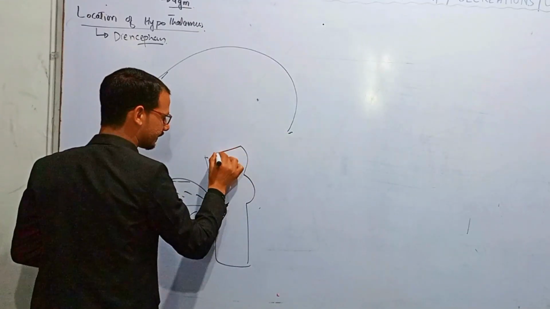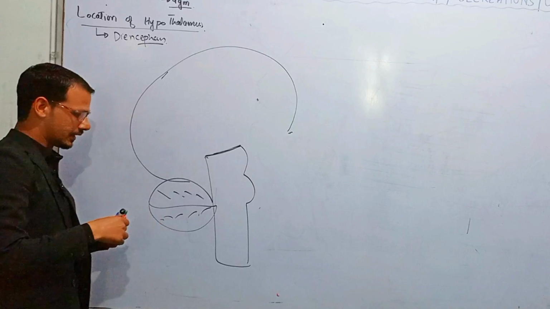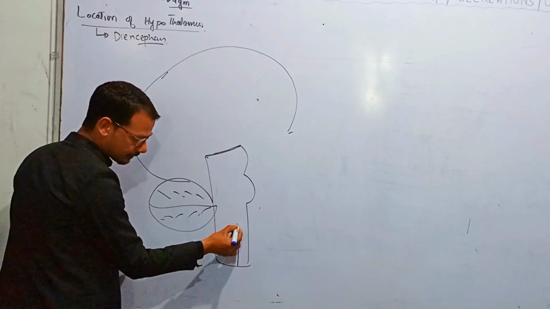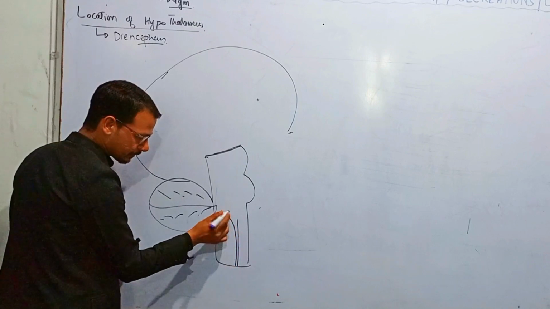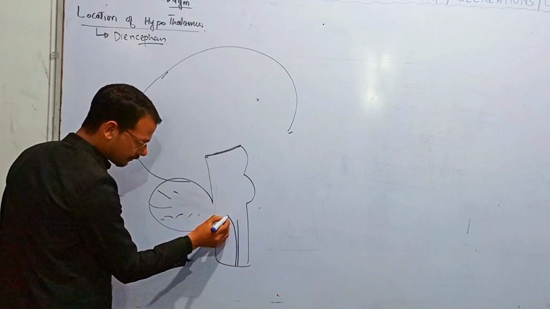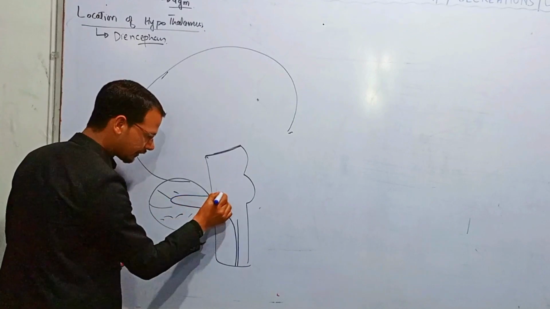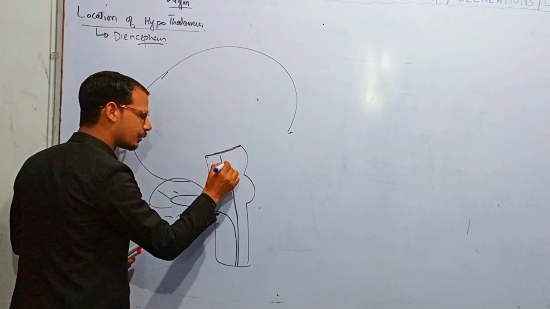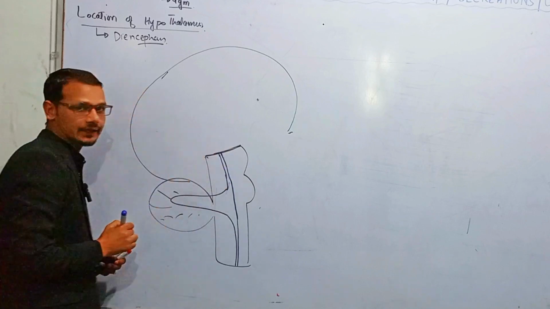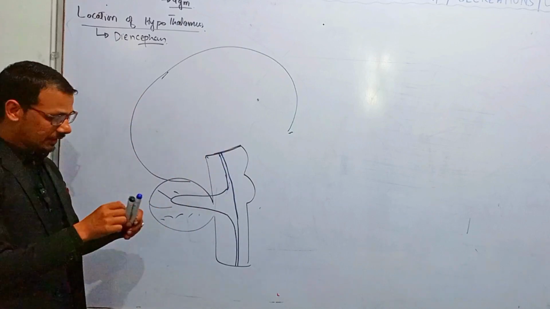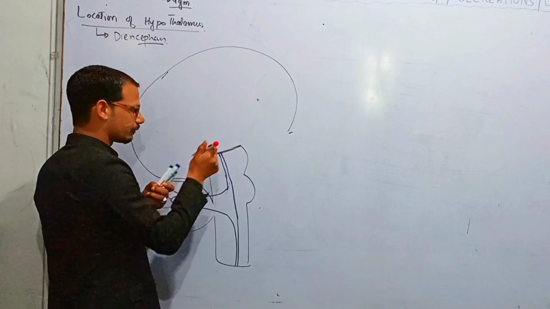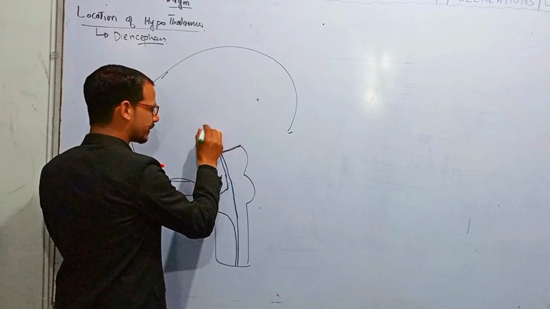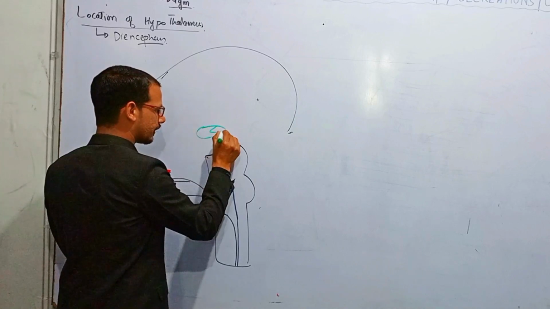Right, this is midbrain. From here, and cerebellum, we have the fourth ventricle. From here the aqueduct is moving upward like this, right? Here we have two thalamus, but we are seeing only one thalamus from the side.